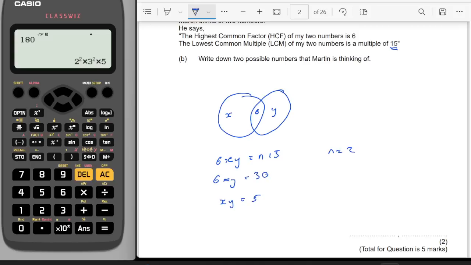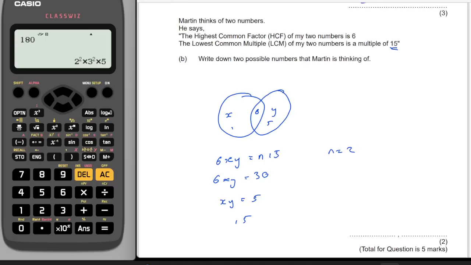So arguably I could have 1 and 5. So my numbers could be 6 and 30. That would be the first pair that worked. You could have lots of other versions, but I'm going to go 6 and 30 for my first pair.